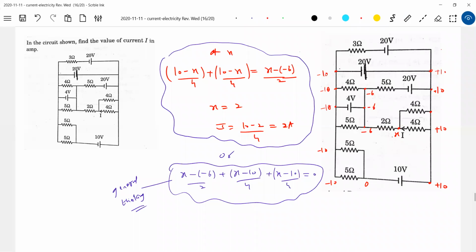So what I suggest at a junction is you write (x minus of minus 6) by 2, (x minus 10) by 4, (x minus 10) by 4. We don't know where current is entering or leaving. Solve it, and you will get the potential at x. From the potential of x you can say where current is entering or leaving. This is advisable. This is only when you are very sure, but this is the universal method for any circuit.